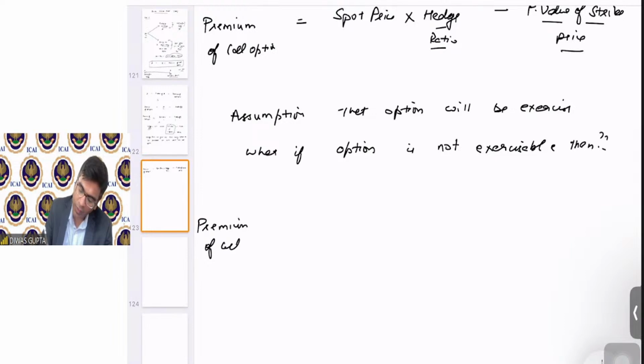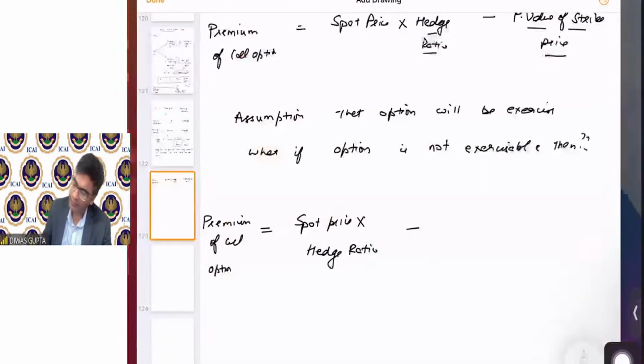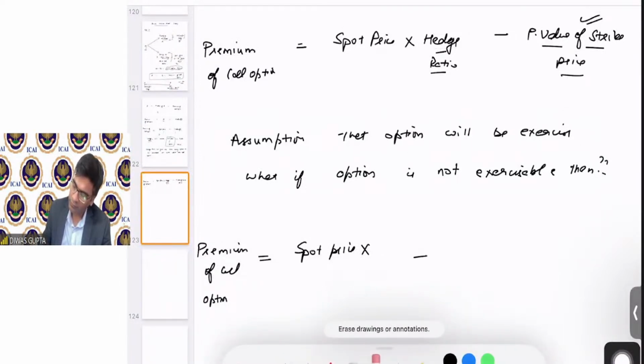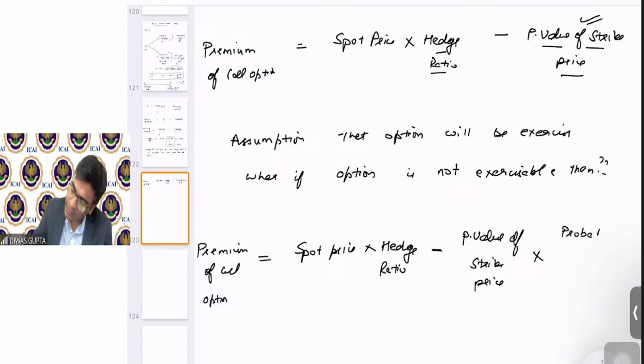Premium of call option is equal to spot price multiplied by hedge ratio minus present value of strike price multiplied by probability. Yes, Namrita, you're right. Probability that the option will be exercised.